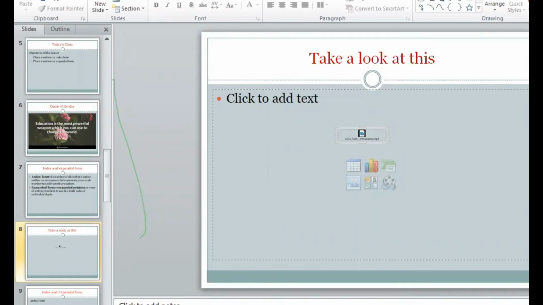Unlike to the power of 2, where we call it squared, and to the power of 3, where we call it cubed, to the power of 4 doesn't have a special name. You just say 2 to the power of 4. And it means 2 times 2 times 2 times 2, which is 2 times 2, which is 4, times that by 2, which is 8, times that by 2, 16.